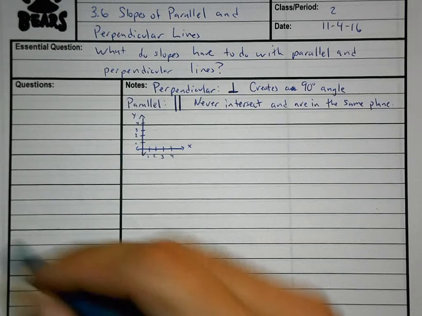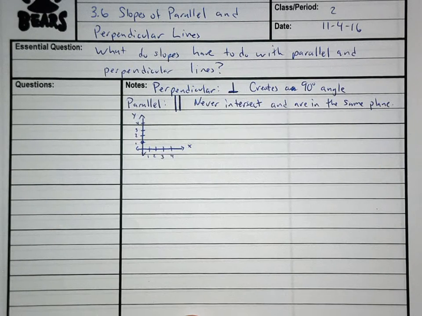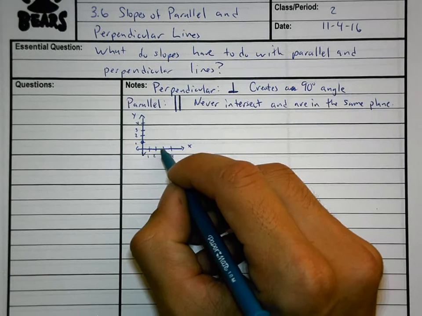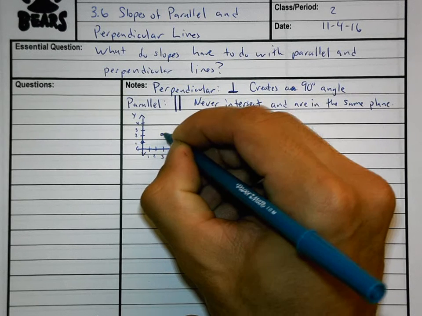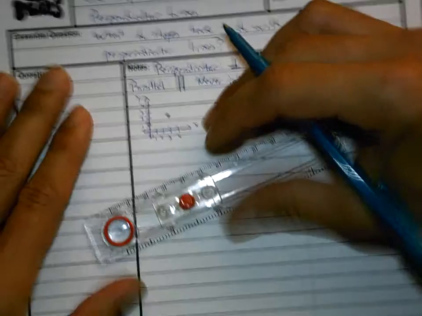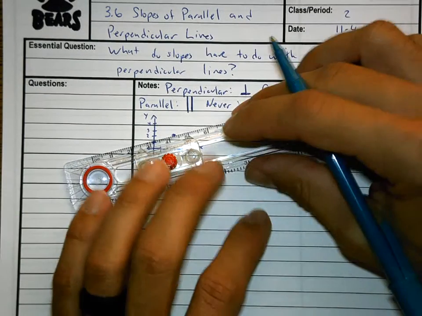My first line goes through this point 0, 1, and then it goes through this point 1, 3, 2.